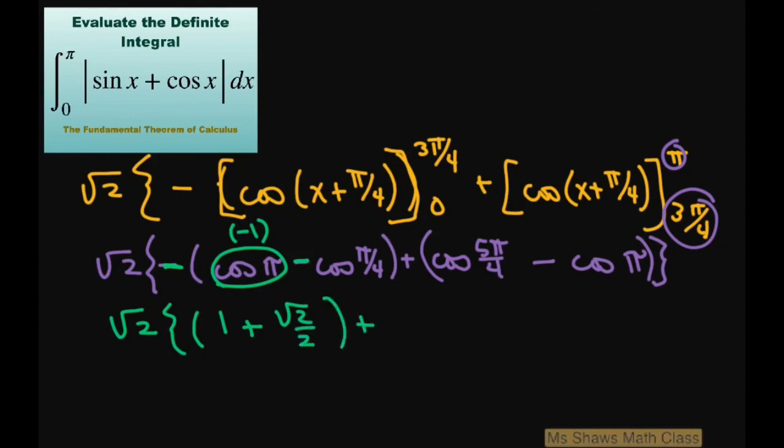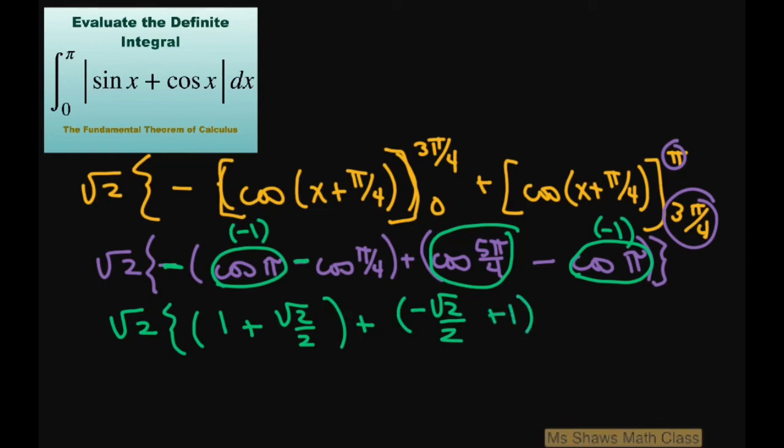All right, plus cosine of 5 pi divided by 4, which is negative square root of 2 divided by 2, and then cosine of pi is negative 1, and two negatives make a positive. Now these two cancel out, and these two add up to 2. So our final answer is going to be 2 square root of 2.